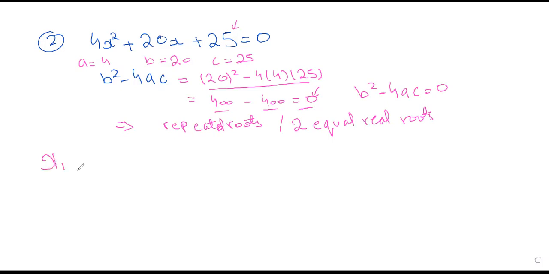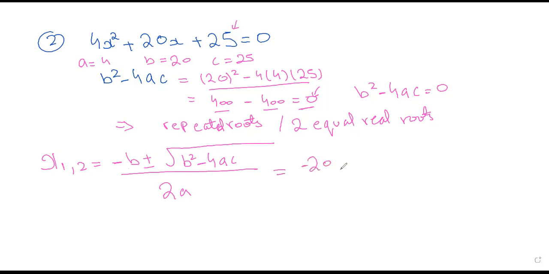So we have to use the quadratic formula, that is minus b plus minus under root b square minus 4ac divided by 2a. So minus b would be minus 20 plus minus b square minus 4ac is 0, so I can write down 0 directly, divided by 2 into 4, that would be 8, right? So since this is 0, it means that I am getting x1 and x2 equal. That would be minus 20 by 8.